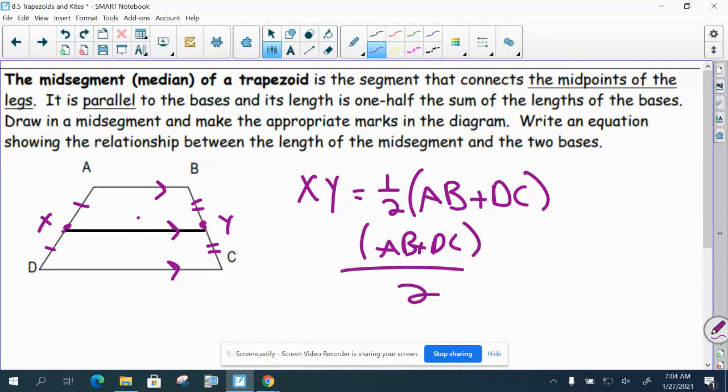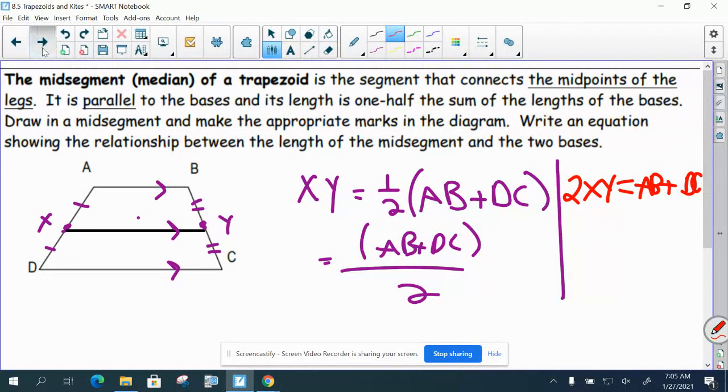Be careful if you're doing this on your graphing calculator that you put parentheses around the AB and the DC, or put it into a fraction bar, or just do it in individual steps. The other way you could write this equation would be to multiply XY by 2. So 2 times XY equals the sum of AB plus DC.